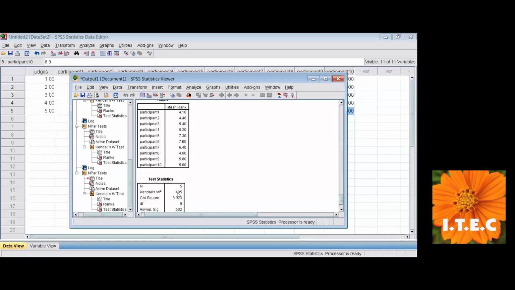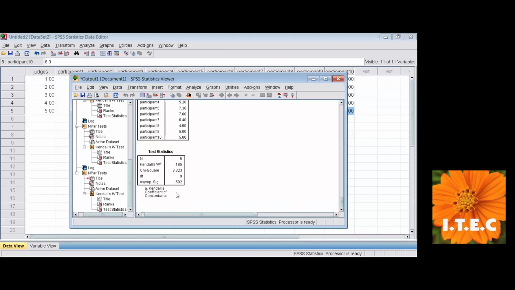So that means there is a very low agreement among the raters because the value is 0.18. 0.18 means around 0.2. So not a very strong agreement here. So this is how you can find out, and it is not significant because agreement is very small.